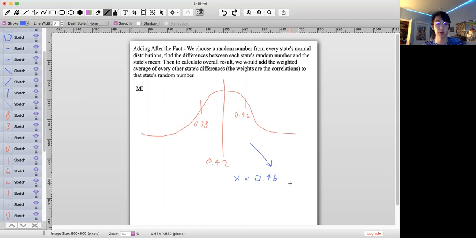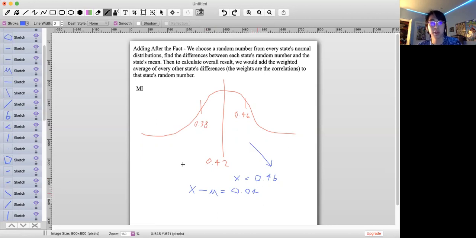we got 0.46. Now what we're going to do is find the difference between that state's random number and that state's mean. So that means it's going to be X minus the mean, which in this case is going to be 0.46 minus 0.42, which is in this case positive 0.04. There.